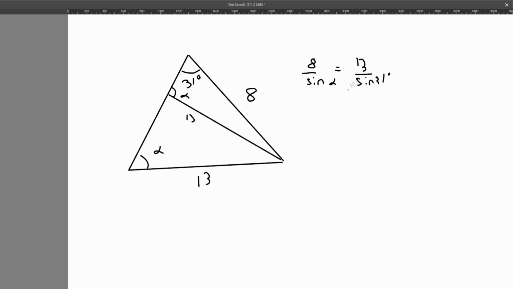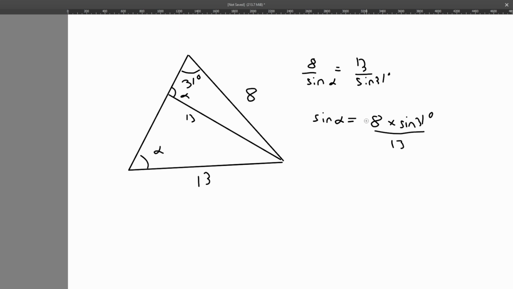So if we solve for alpha right here, we're going to get that sine of alpha is going to equal 8 times sine of 31 degrees over 13. And to solve for alpha, we just need to take the inverse sine of this, and we can do this in the calculator.